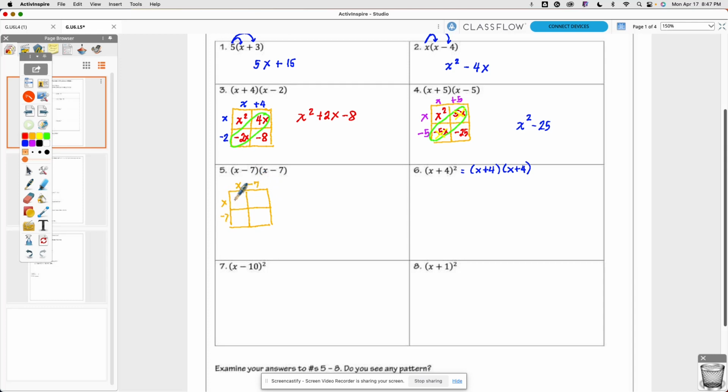So we'll get x squared minus 7x minus 7x, negative 7 times negative 7 is positive 49. So this would basically be x squared minus 14x plus 49.